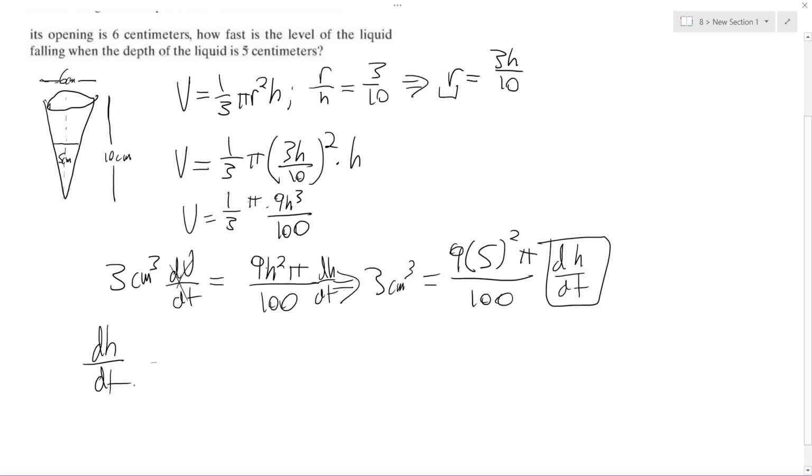And then what's going to happen here is I'm going to divide 3 divided by 9 times 5 squared pi over 100, and we get 3 times 100 over 9 times 5 squared.